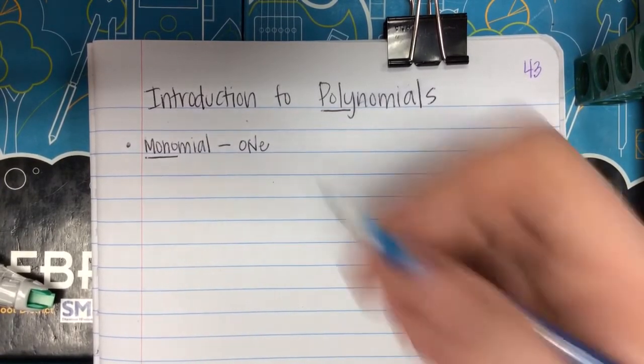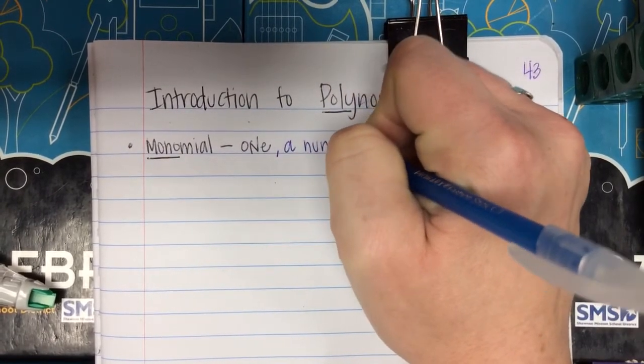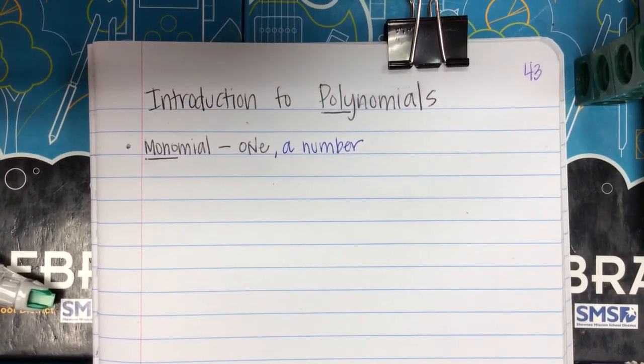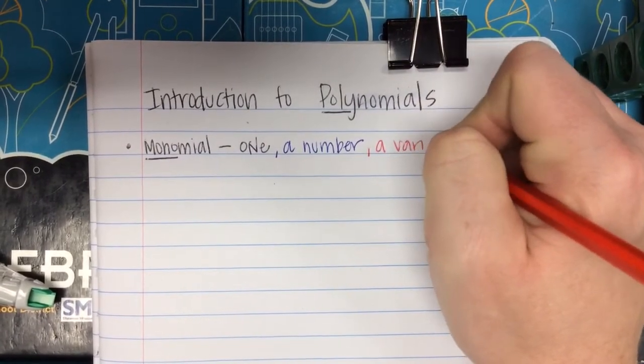So a monomial could be a number. It could be a variable.